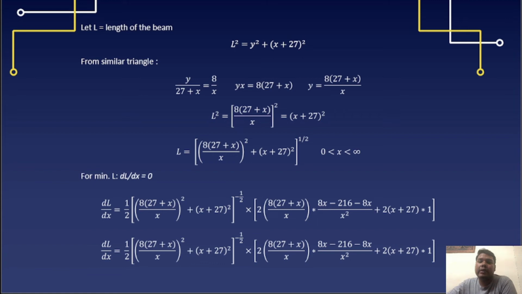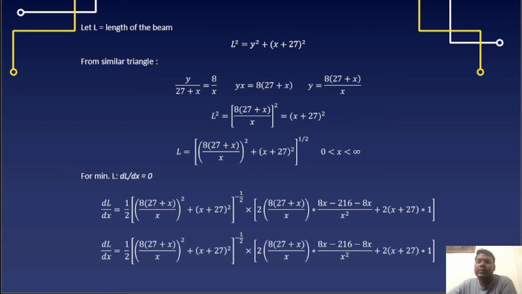After that, to find the minimum L, we differentiate: dL over dx equals 1 over 2 times the bracket and so on.